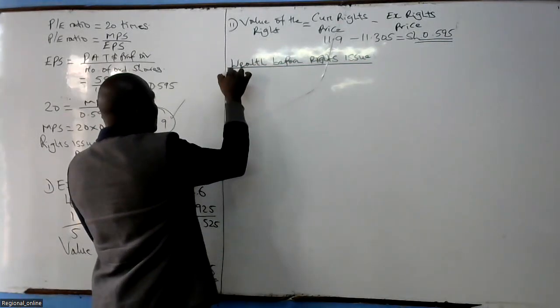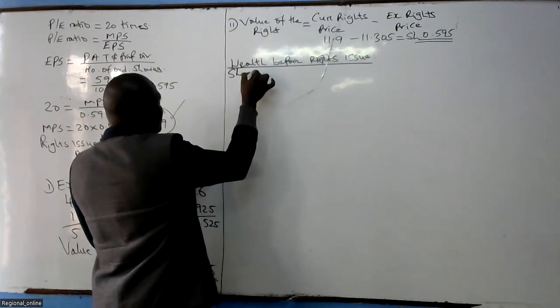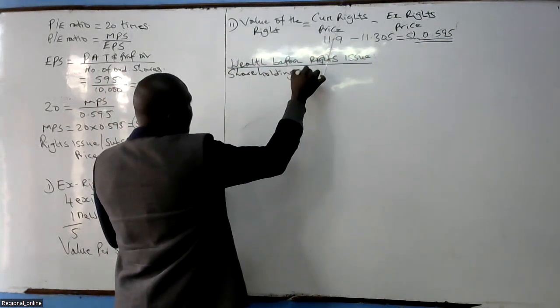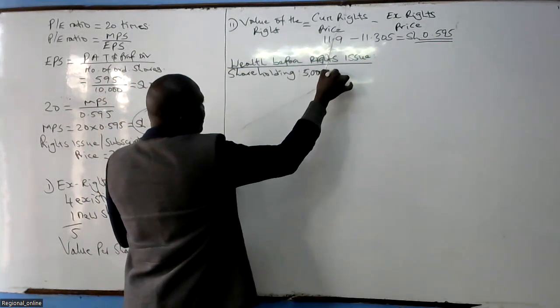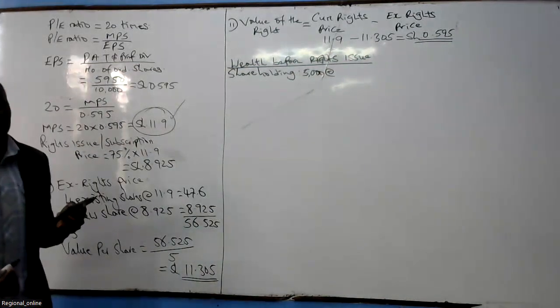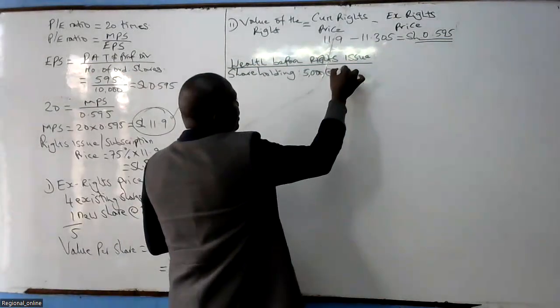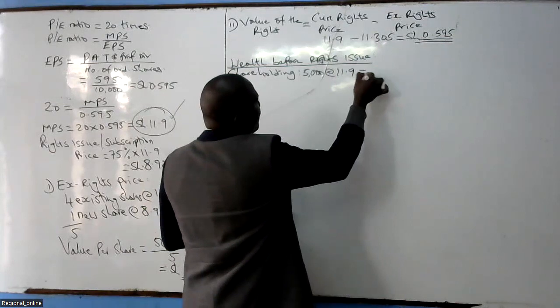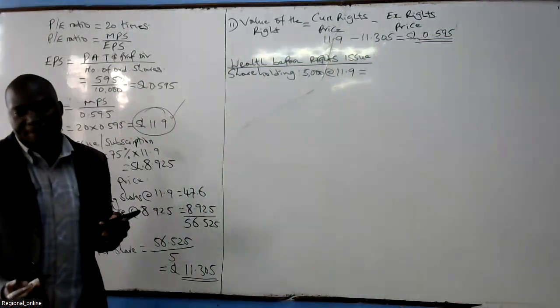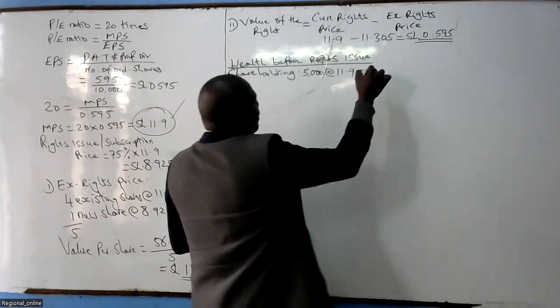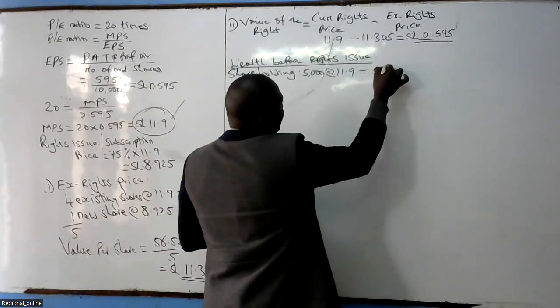We have from the shareholding, how many shares does he have? 5,000 shares. Each share was selling at how much before the rights issue? 11.9. So that value is 59,500.